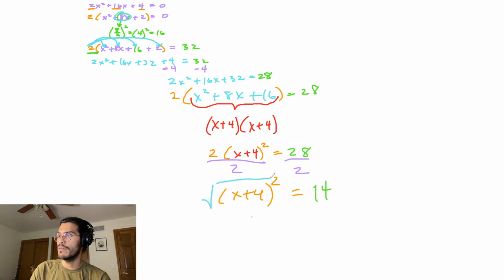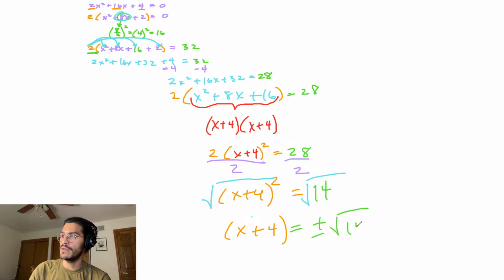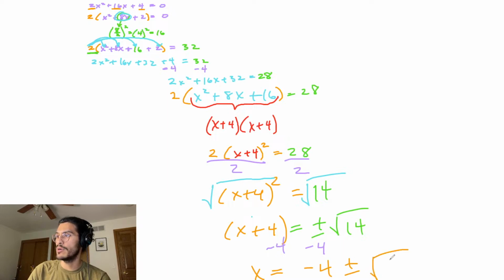We can solve that by square rooting both sides. We get what's inside the square root on the left-hand side, but without the squared. So x plus 4 squared, the square root of that, is just x plus 4. And this is going to equal plus or minus the square root of 14. I'm going to subtract 4 from both sides. And we're going to get x equals minus 4 plus or minus the square root of 14.